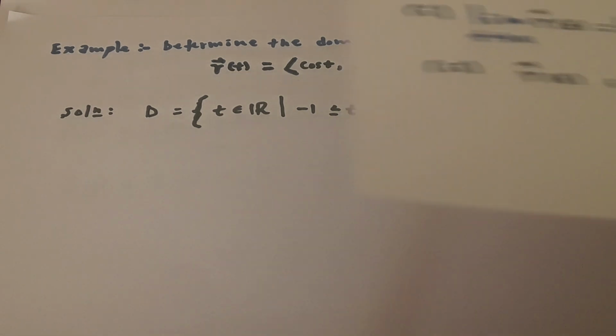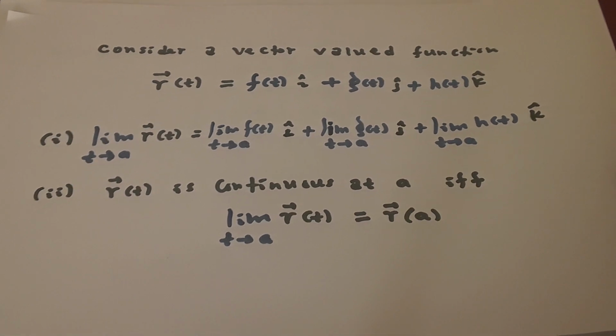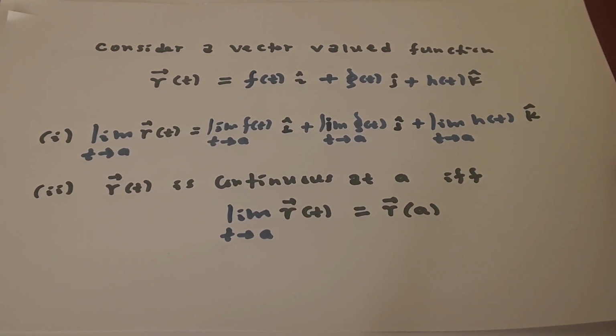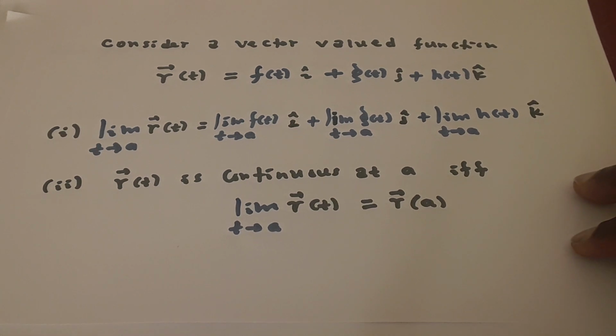Now we come to vector calculus to deal with limit, derivative, continuity, and integration. For simplicity, we consider this vector valued function r of t equals f of t in the i plus g of t in the j plus h of t in the k.